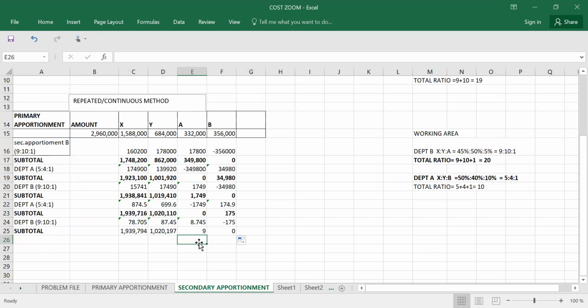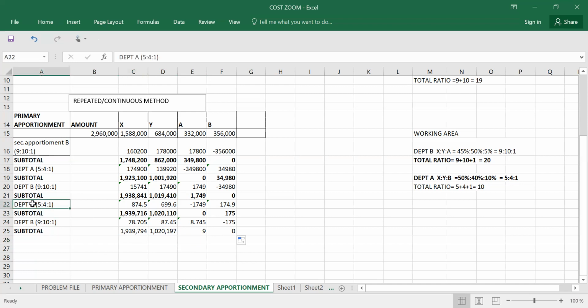Now we are going to do that 9, and that is very minute, and we cannot divide this 9. That's what I told you, that until the figure becomes very small, because if we start dividing this 9, we're going to go into 0 point. So we can stop there.